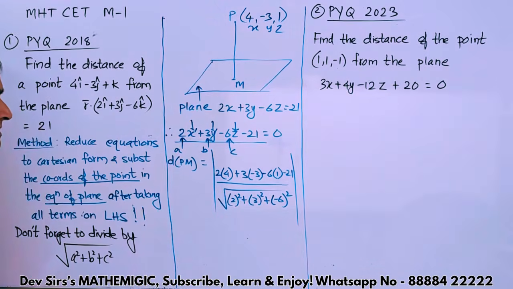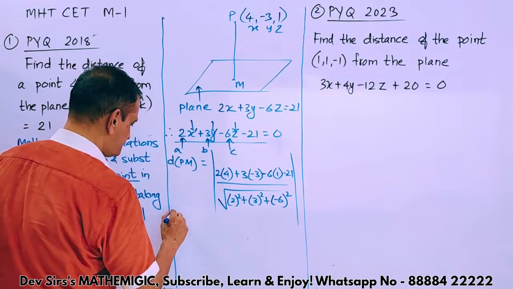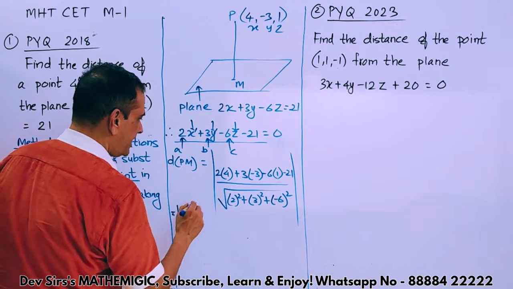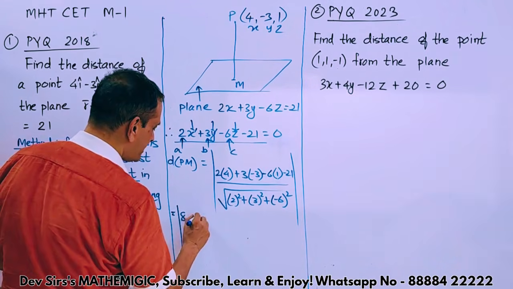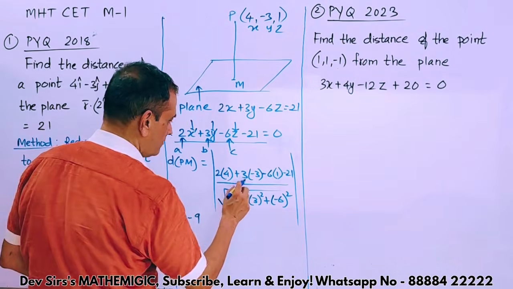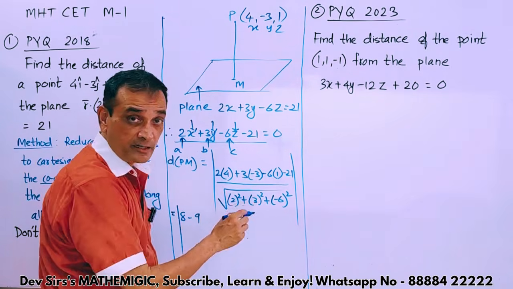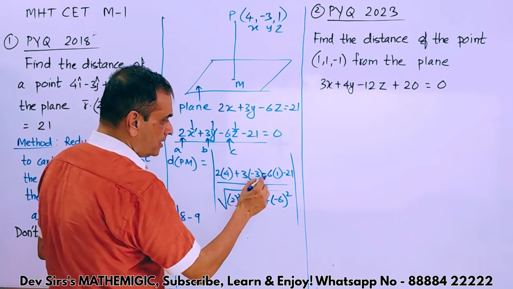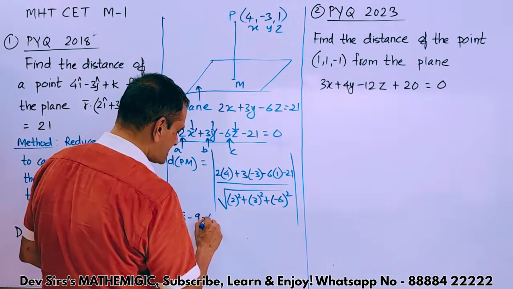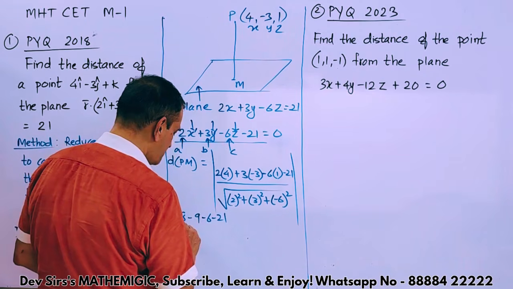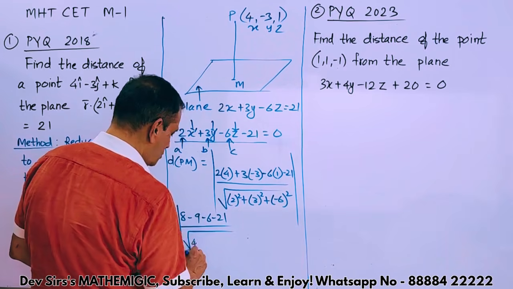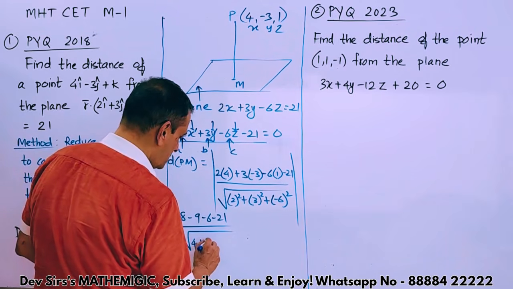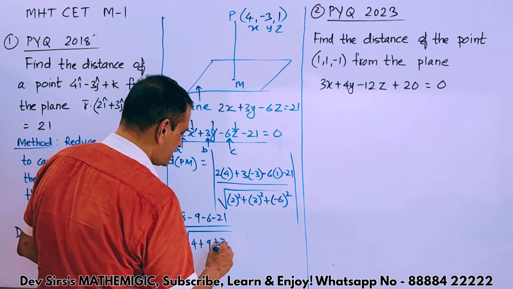So let's calculate the answer. 8, 3 into minus 3 is minus 9. 3 into minus 3, don't do 3 minus 3, minus 6 into 1 is minus 6, minus 21. 2 squared is 4, plus 9, plus 36.